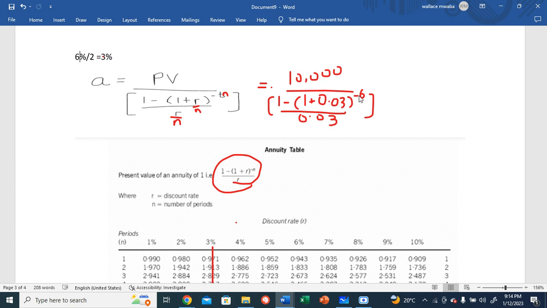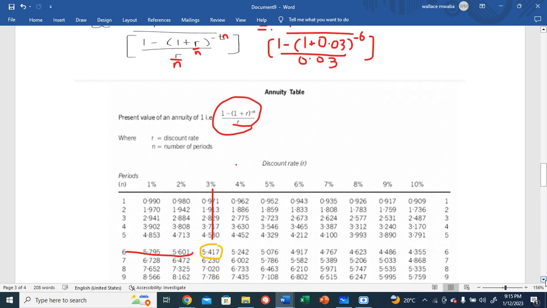Are we getting 0.1626? Are we getting 0.1626 or 0.163?